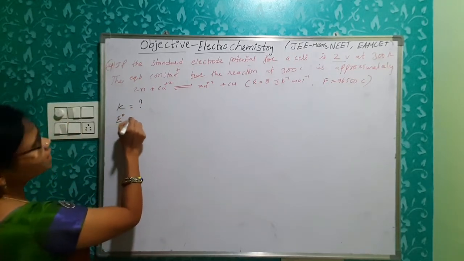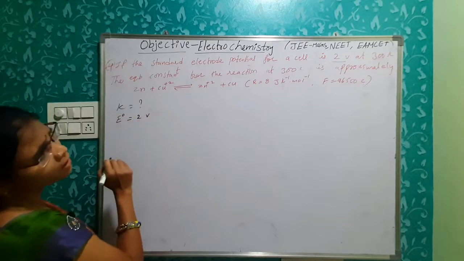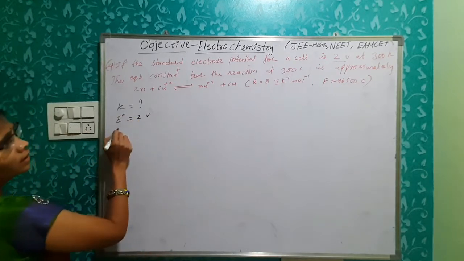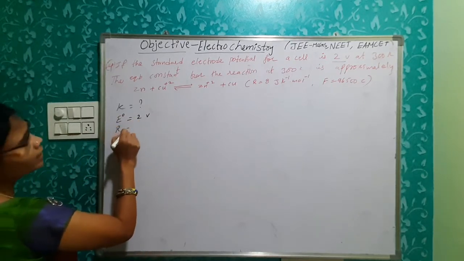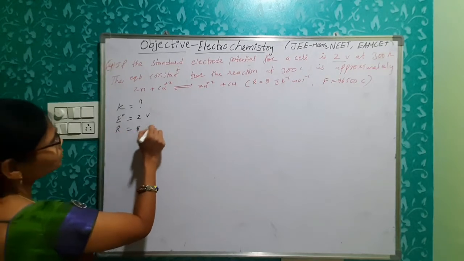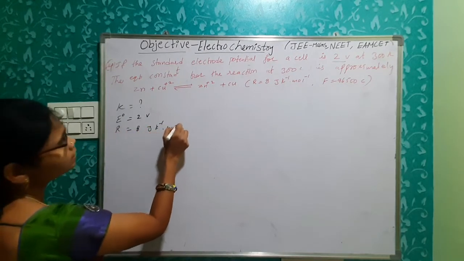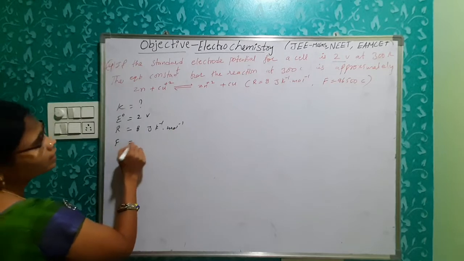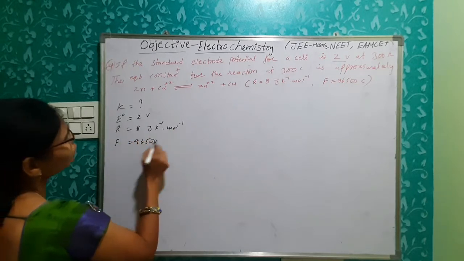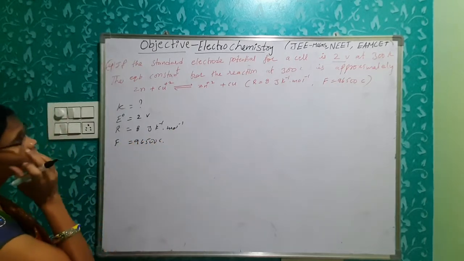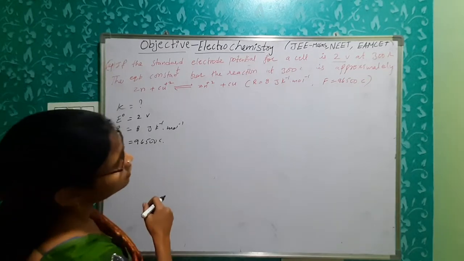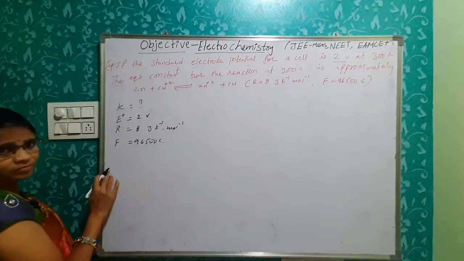Standard electrode potential is 2 volts. Next, the R value is given as 8 joules per kelvin per mole, and the Faraday value is given as 96,500 coulombs.